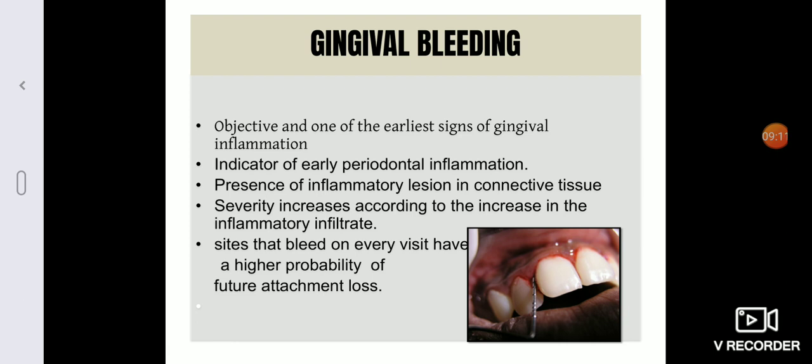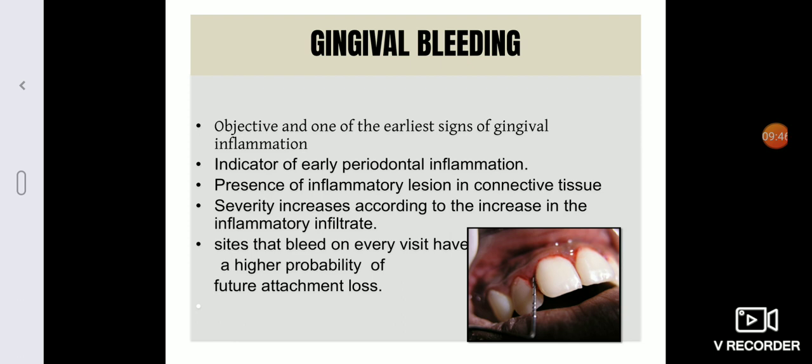Whereas when we assess the gingival tissues in terms of color or changes in size or presence or absence of swelling, this is very subjective and it may vary from individual to individual. Some may find a red color there, some may find it very light, some may feel that there is a change in color, but the changes are not enough to describe it as inflammation. So a lot of variation occurs when we visually try to diagnose gingival inflammation.